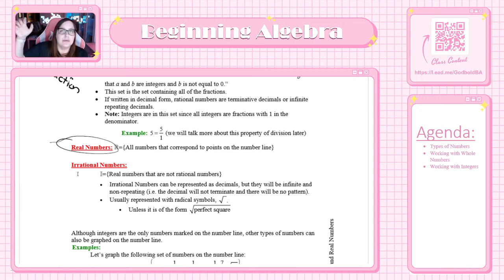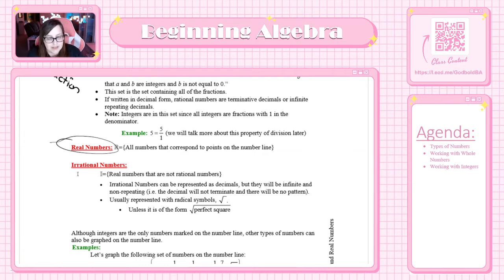Like if it's 0.3333333 forever, that's 1/3, 1 divided by 3. If it's 0.5, that's 1/2. But once you get a decimal with no pattern to it, you get to the irrational numbers. A really popular example is pi. That's why it's so impressive for people to memorize it to multiple digits, because there's no pattern to it. You have to just remember what it is.